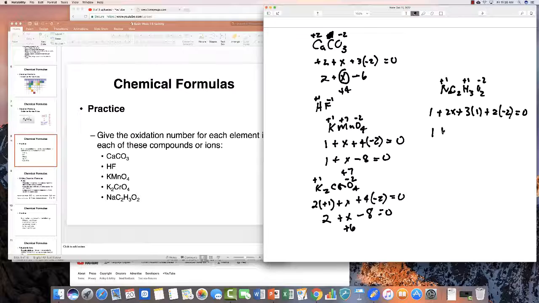So we have 1 plus 2 times something plus 3 minus 4 has to equal 0. Now lo and behold, 2x is equal to 0, so x has to be equal to 0. So in this case, carbon's oxidation number is actually 0. And remember, these numbers are imaginary, and so they can come out unusual like this.